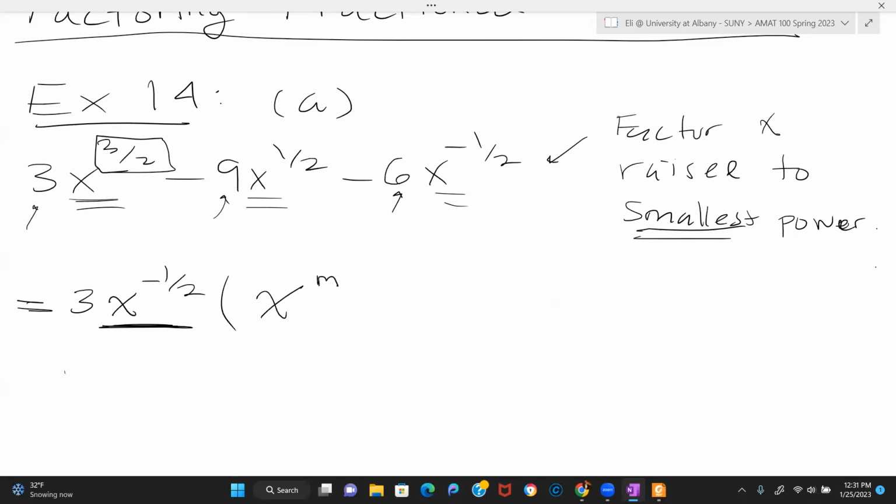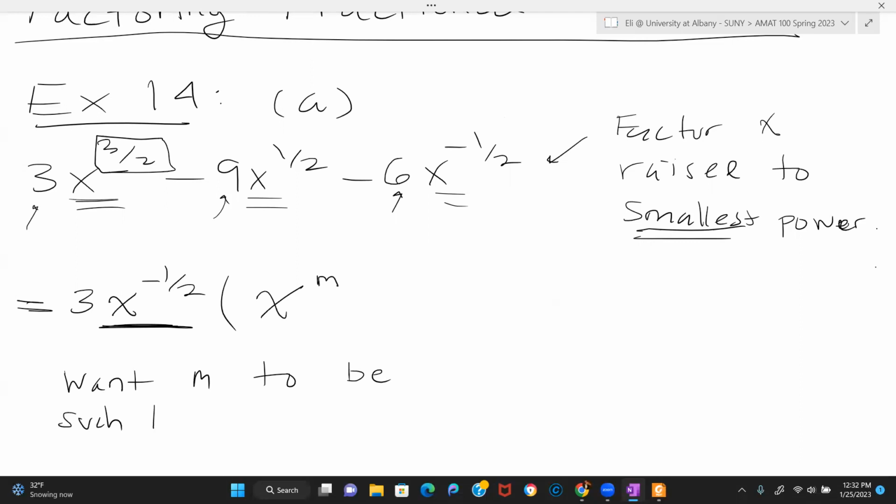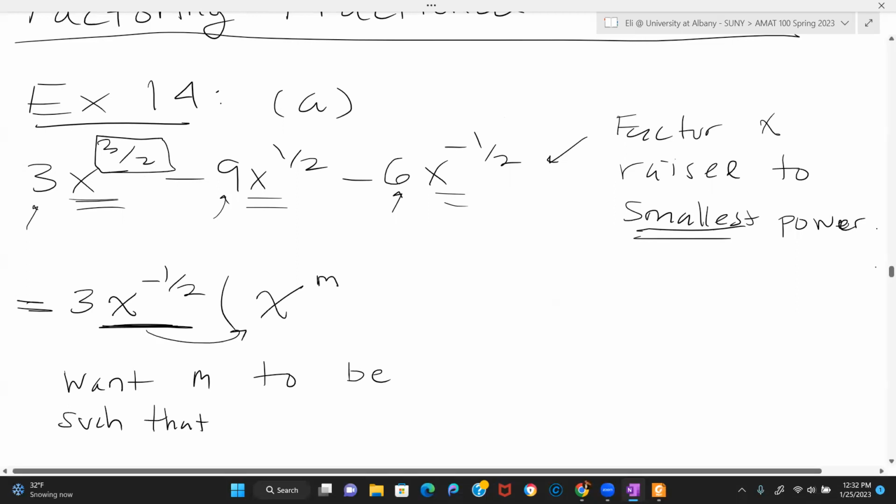So there are going to be some more terms here, but I'm not worried about them. I'm just worried about this first term. So we want m to be, and eventually you won't have to write all this down. You'll be able to just solve this equation in your head. So we want m to be such that when you distribute this through, you add these exponents, so they should add up to 3/2, right?